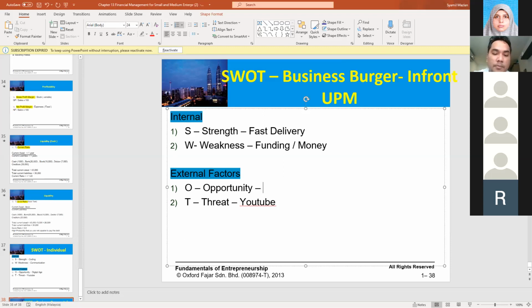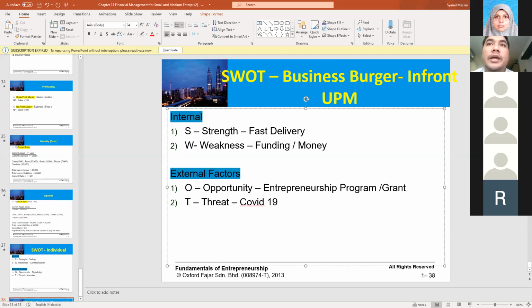now we have an entrepreneurship program. So Aiman can get an opportunity from the entrepreneurship program, to join the business program and get some grant. Okay, so what is Aiman's threat? Maybe Aiman's threat comes from COVID-19.